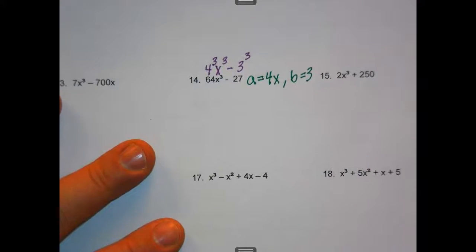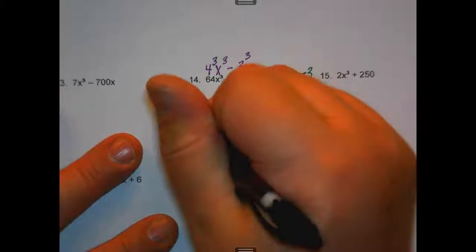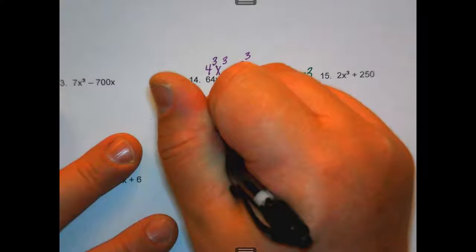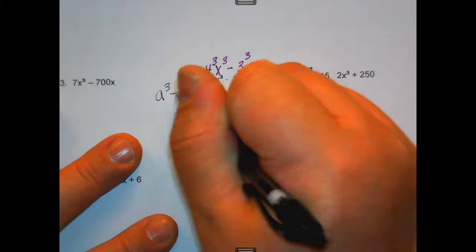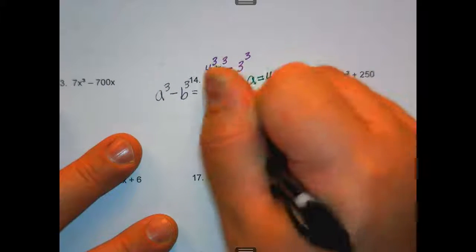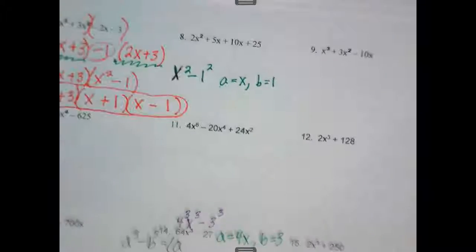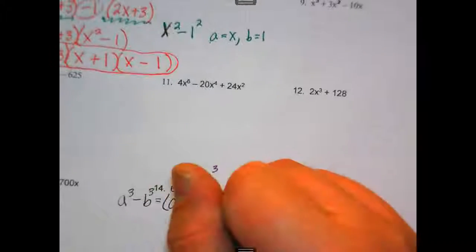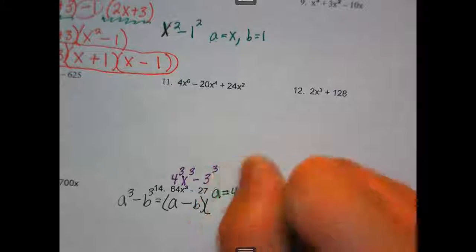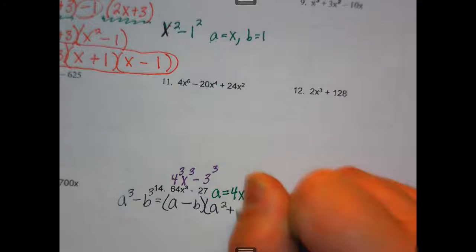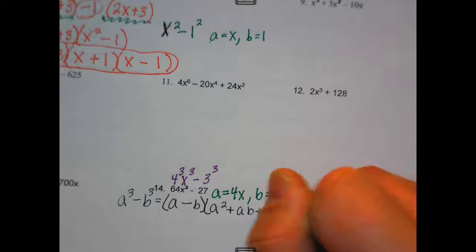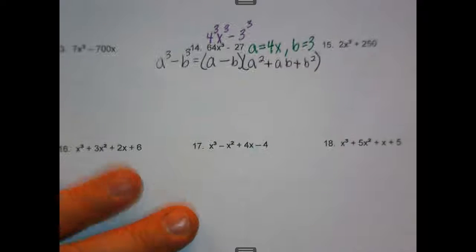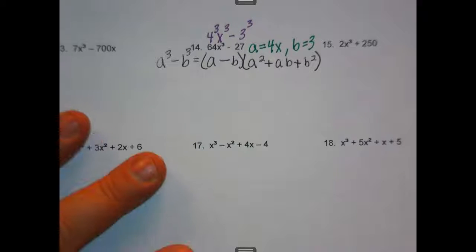My formula for a cubed minus b cubed is, what is it? It's a minus b times a squared plus a times b plus b squared. Okay, substitute it.